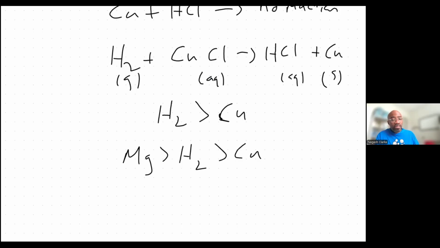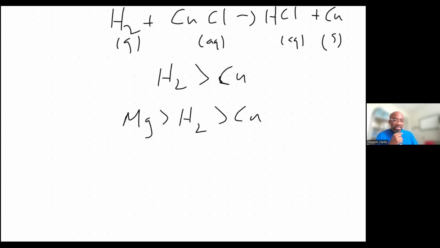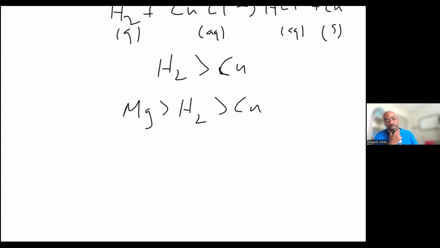And we can put zinc in there. So we could call magnesium the 1 seed, H the 2 seed, copper the 3 seed, if we're thinking about sports. And we find that magnesium will actually replace zinc.